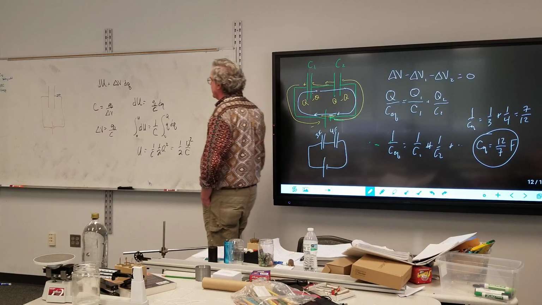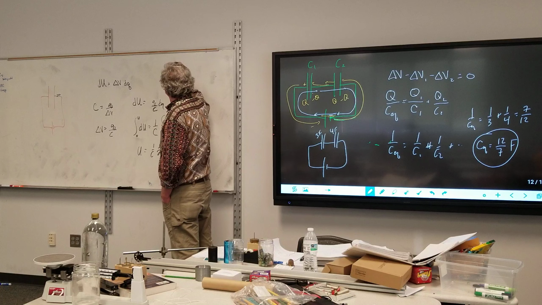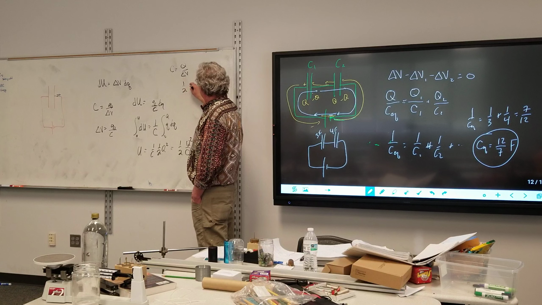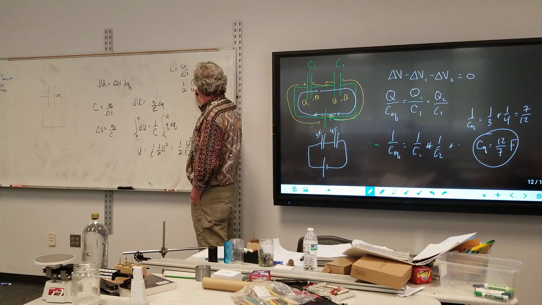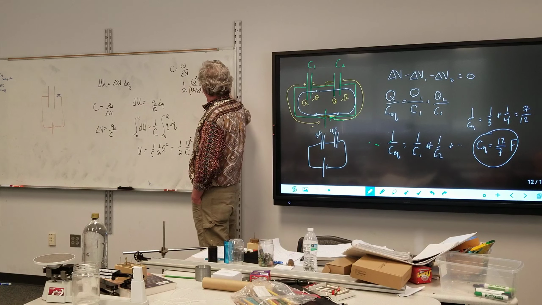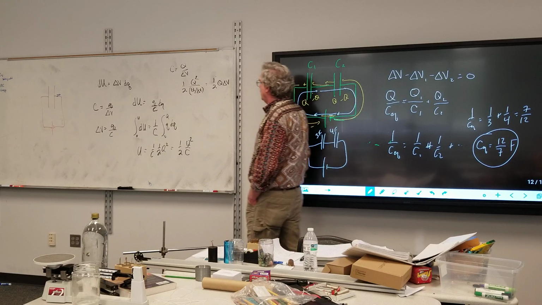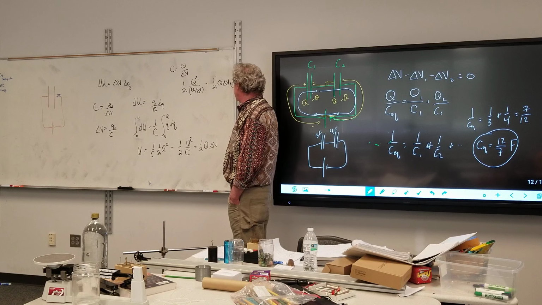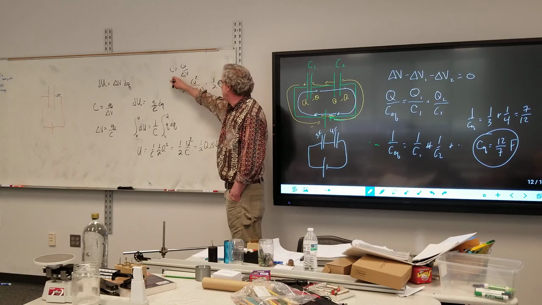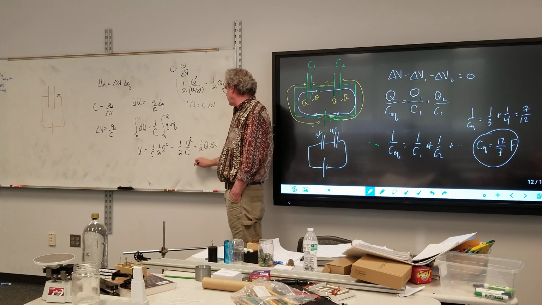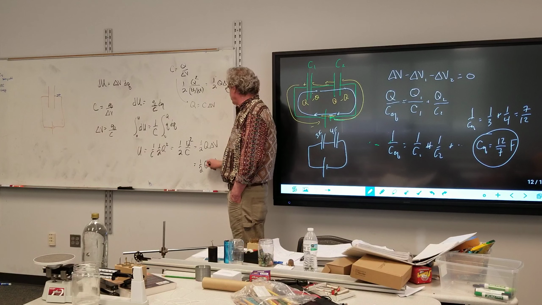Now we can manipulate that and look at it in slightly different form. I know that the capacitance is Q over delta V. So if I plug that in, I get 1/2 Q squared divided by Q over delta V, which is 1/2 Q delta V. And I know that the charge, based on this formula, Q is equal to C delta V. So I can plug that in and also get 1/2 C delta V squared.